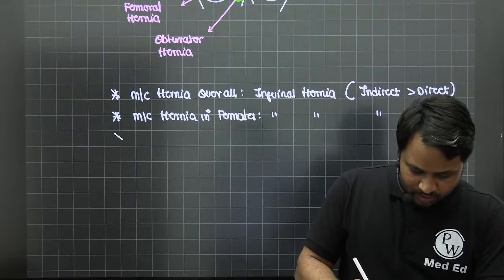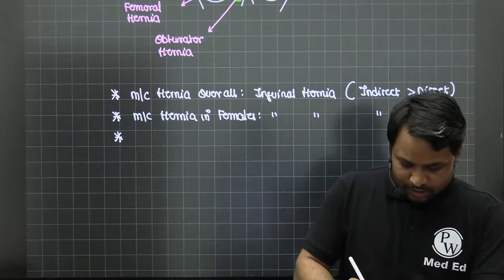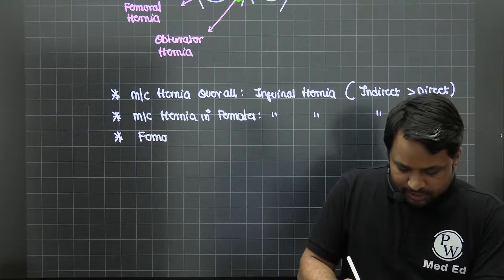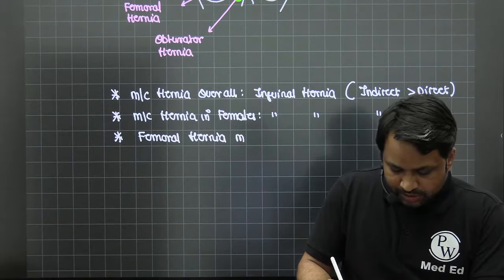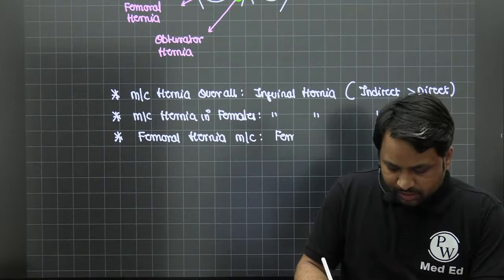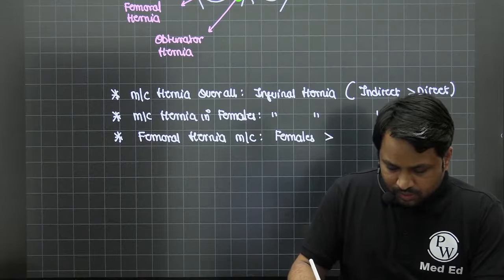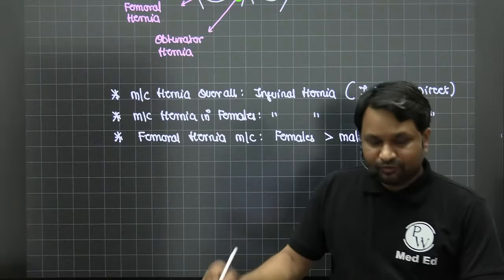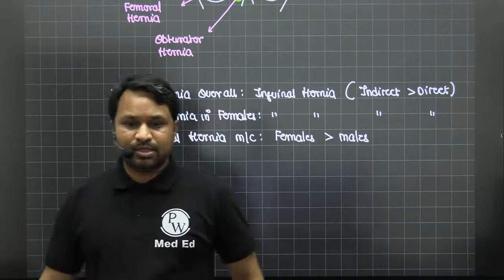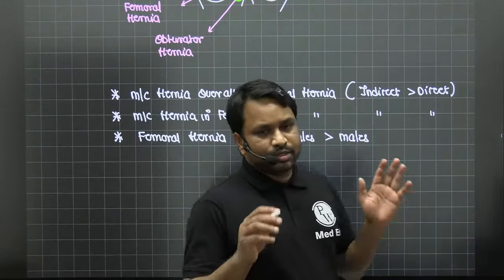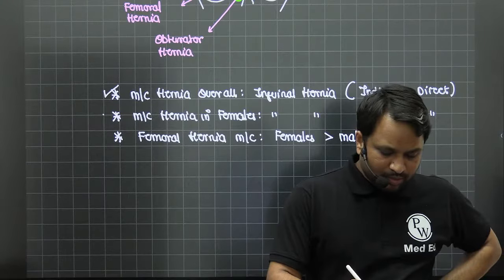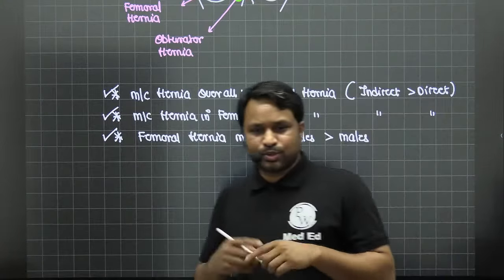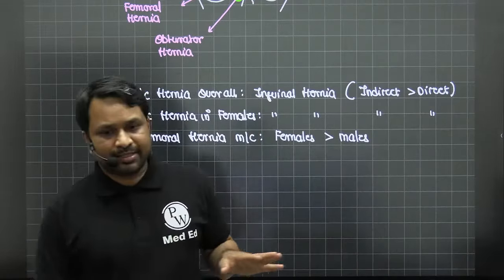Now, if I ask you, femoral hernia is more common in which sex? Femoral hernia is more common in females when compared to males. So this is the baseline data that you should know. Never make these mistakes, because when you write a competitive exam, these are the questions which will tangle you around.